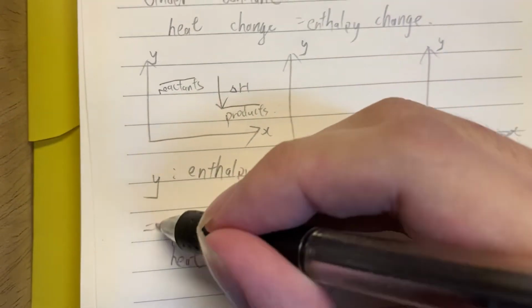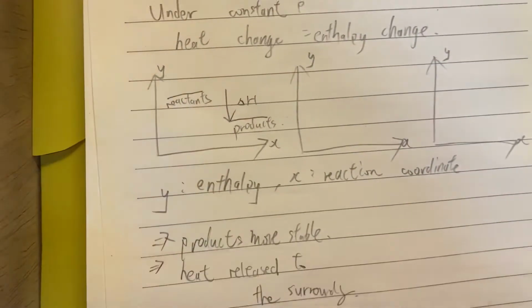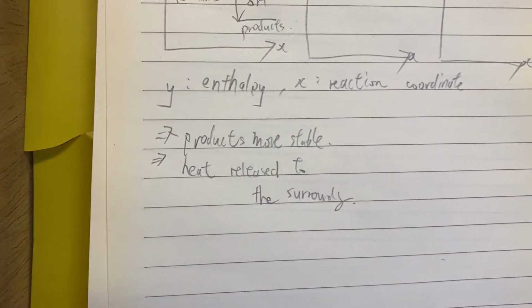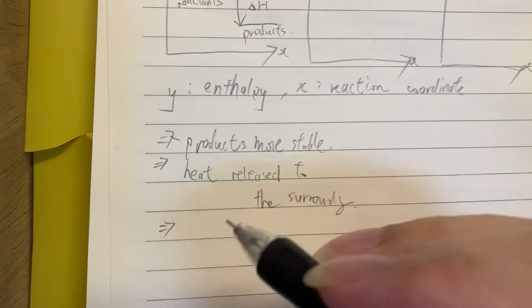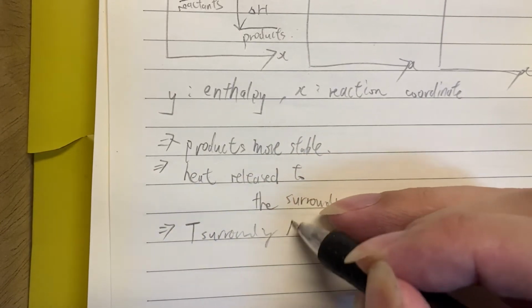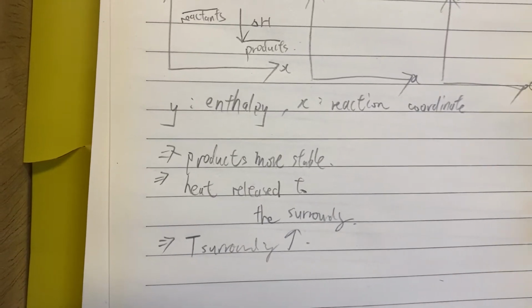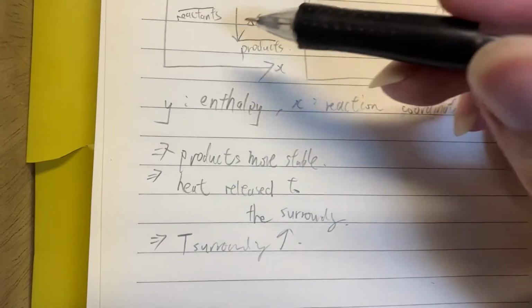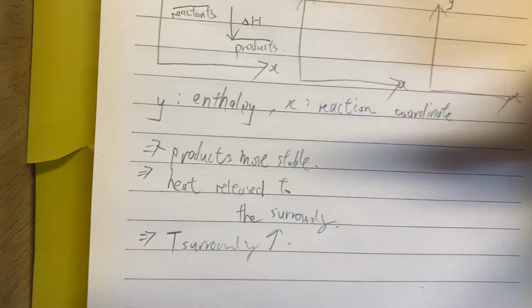So if you really measure the temperature of the surrounding environment, the temperature of the surroundings increases, because in this chemical system between the reactant and product, there is a loss in enthalpy.